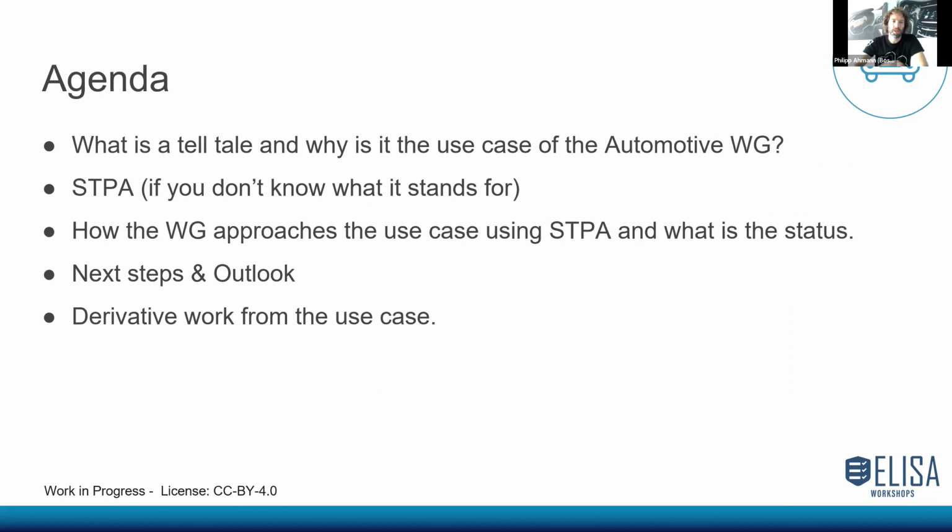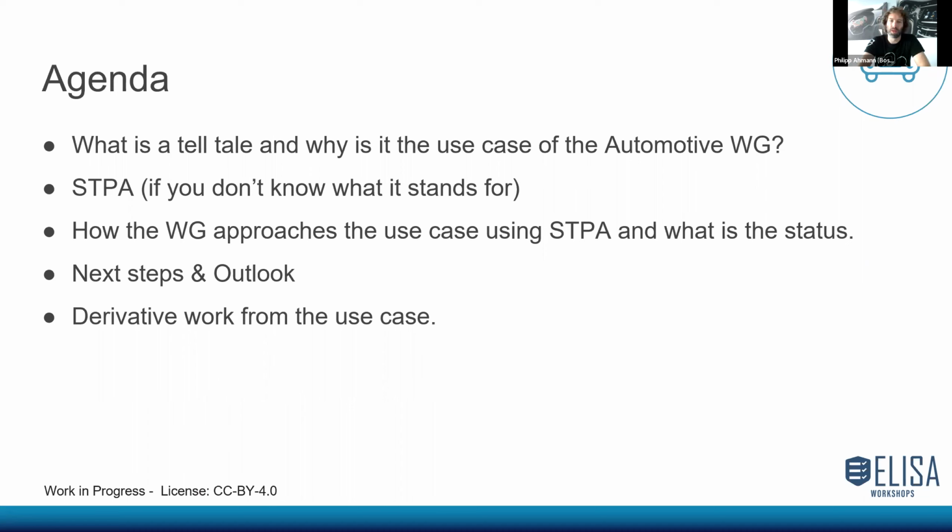In the session today, I'll explain first what a telltale is and why it's the use case for the Automotive Work Group, where the benefits are, and then how we approach this use case for telltales using the system theoretic process analysis. And there I added a few slides to explain what it means. I assume some of them will be more helpful for the automotive guys.